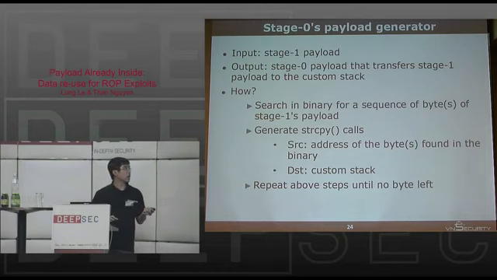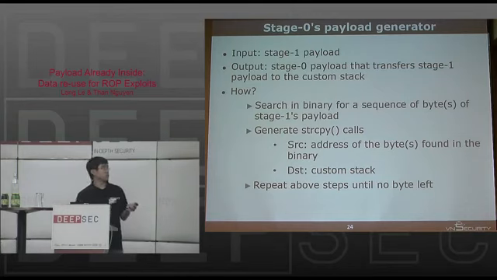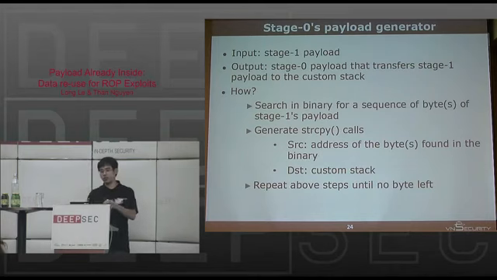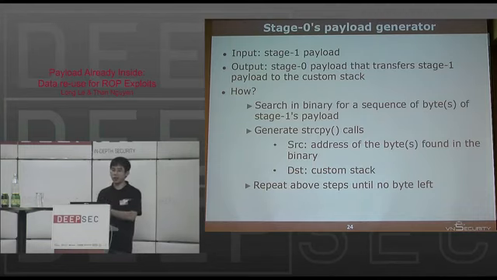So this is how the algorithm works. The input for stage 0 is the stage 1 payload, and the output is the stage 0 payload, which helps to transfer the stage 1 payload into the custom stack. Then after you transfer the complete stage 1 payload, it will just switch the stack frame. How can it do that? I mentioned before, let's say stage 1 is 100 bytes, so I look for the first byte, the second byte, the sequence of bytes in the stage 1 payload, and I search for those bytes in the binary itself.